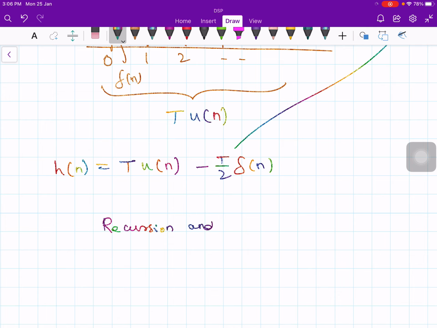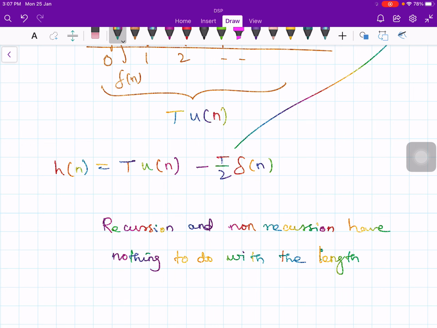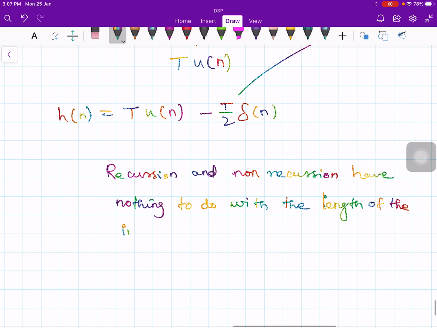Recursion, a very important point in this one. Recursion and non-recursion have nothing to do with the length of the impulse responses.